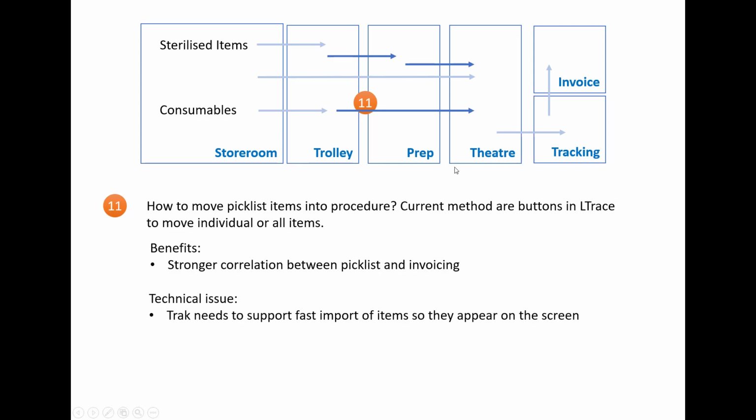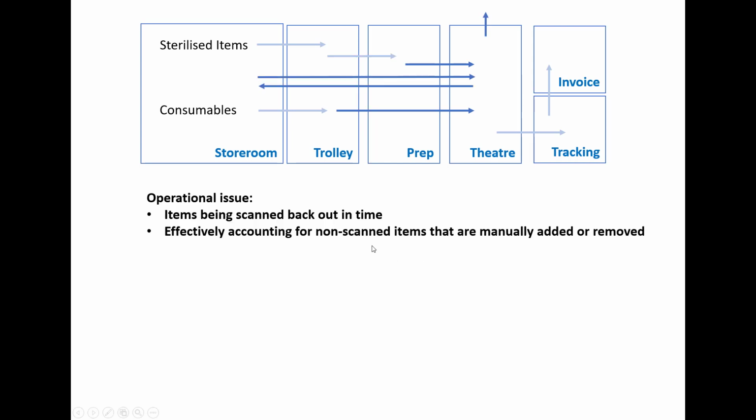The big one is Track needs to support the fast import of items so that they can appear on the screen as quickly as possible. There are some operational issues though at the same time. So you need to be making sure that items are scanned in, but more importantly being scanned out in time before they get linked through to the patient.